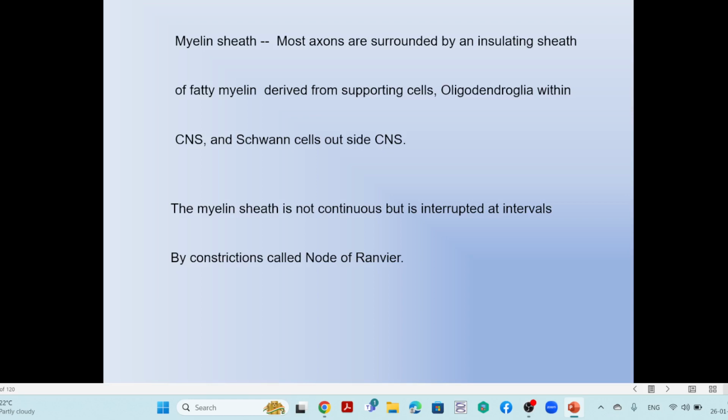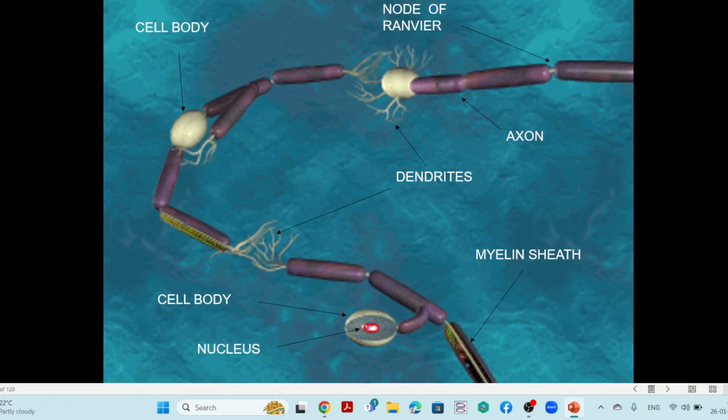So the interruption of the myelin sheath, that constriction, is called the node of Ranvier. Just observe here: this is the structure of the cell, the different neurons, and here we understood the cell body, the small processes that are dendrites, and this is the axon.